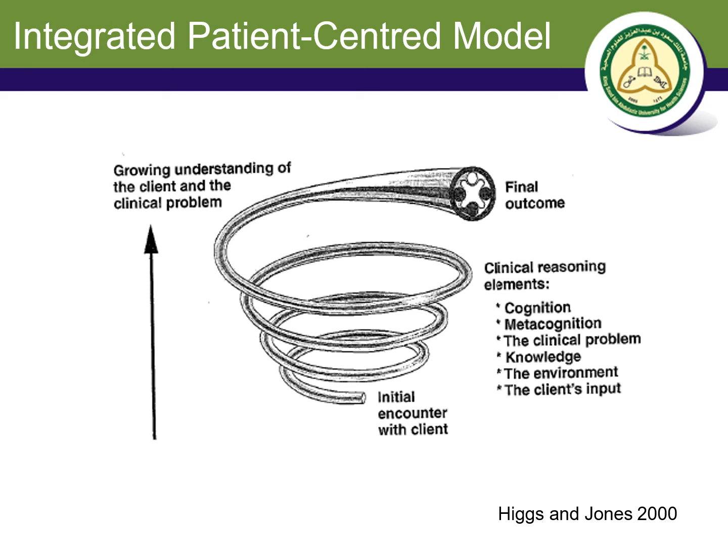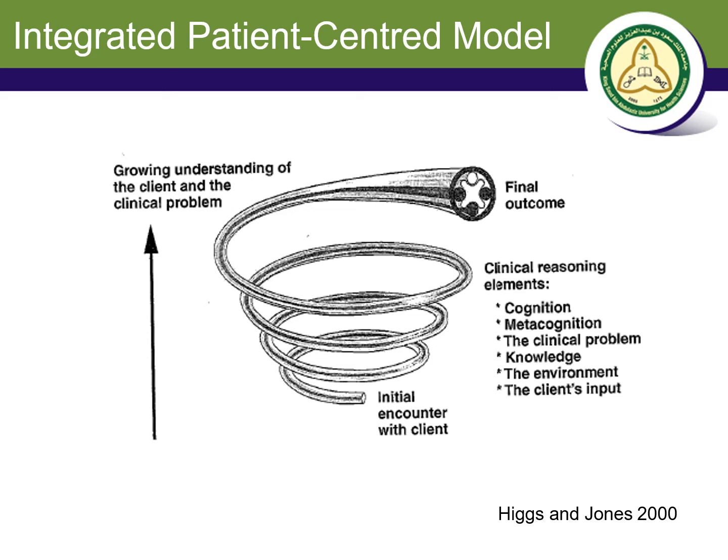The integrated patient-centered model is further explained here, how you can come up with the final outcome. First, the clinical reasoning elements should include the initial encounter with the client.